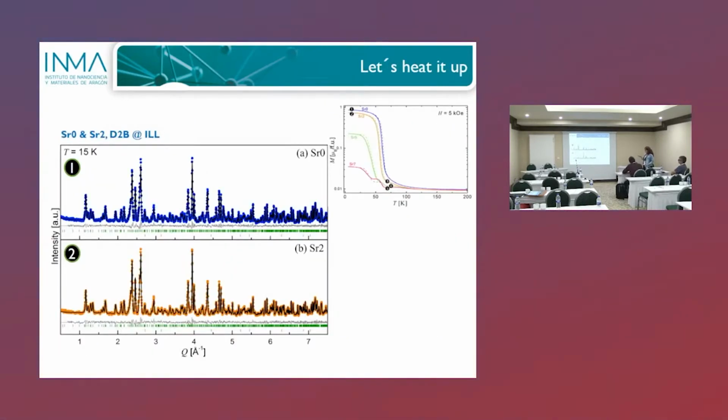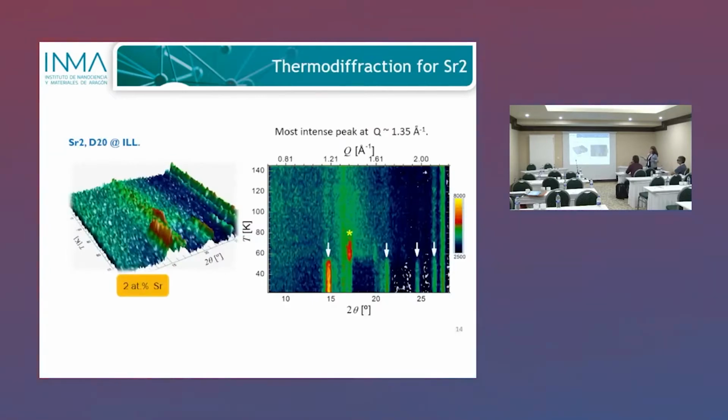So if you have a look at the sample with 2% strontium doping, the diffractogram looks quite the same. And so we focused on this region, because here is where the magnetic signal is higher, and you can see if there's something going on in the magnetic order. For this, we did thermodiffractogram experiments, which means that you vary temperature as you collect the diffraction patterns.